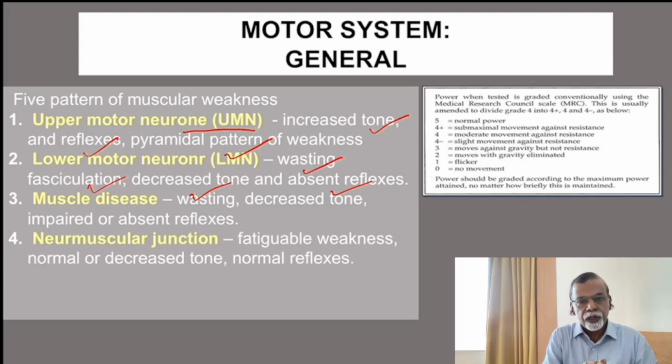Then comes the neuromuscular junction. The typical example is myasthenia, where you get a fatigable weakness. That is, as there is a decremental pattern, when you repeatedly do the work, the muscles are fatigued. This may be manifested in the history as diurnal variation. That is, in the evening the patient is more weak compared to the morning hours.